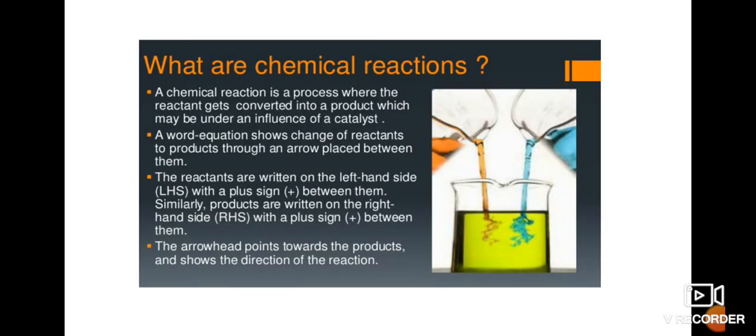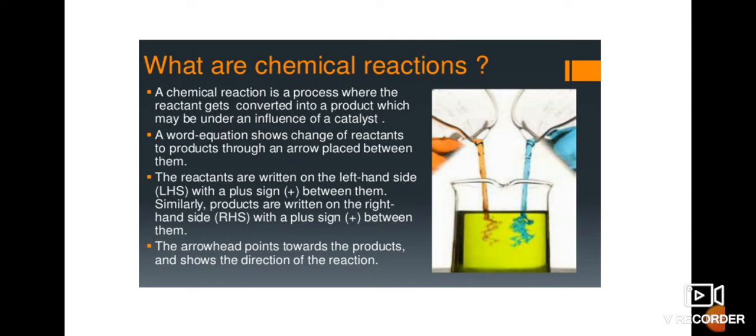Now, to begin with, the particular term chemical reaction. Remember, in our day-to-day life there are different types of chemical changes that take place. Now each of the chemical changes cannot be represented in the way we actually want to show them.